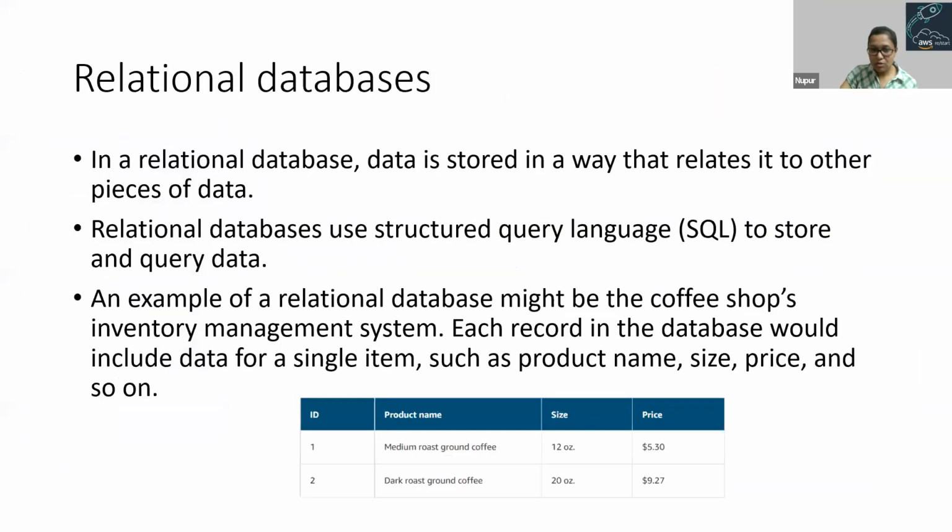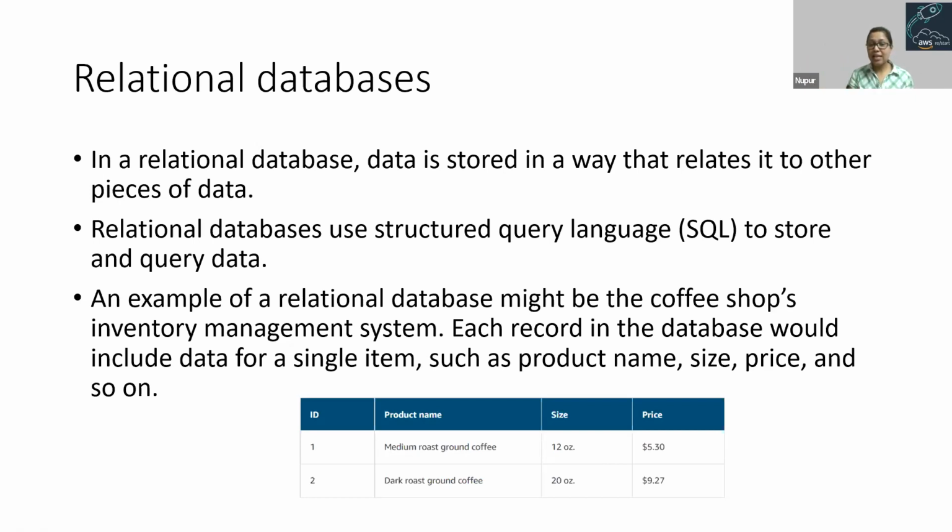So this is how we keep the data in the relational database. It's a row and column format. Like we can keep the price, product name, size, ordered on, ID, who purchased. So like this, we can maintain a table.